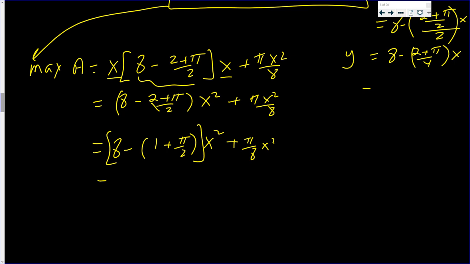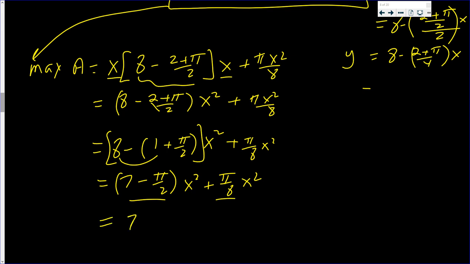Now, 8 minus 1 is 7 minus the pi over 2 x squared plus pi over 8 x squared. So we have this number of x squares plus that number of x squared.